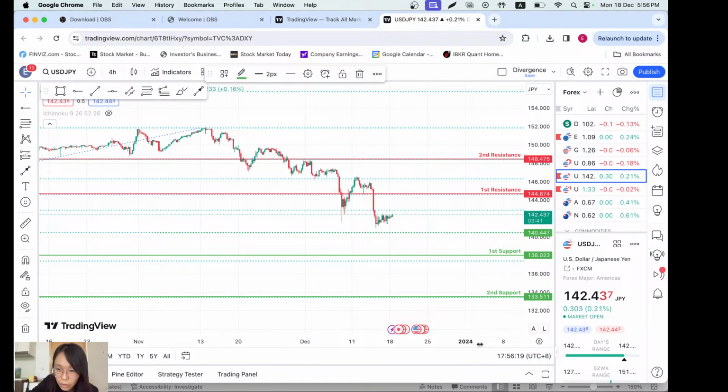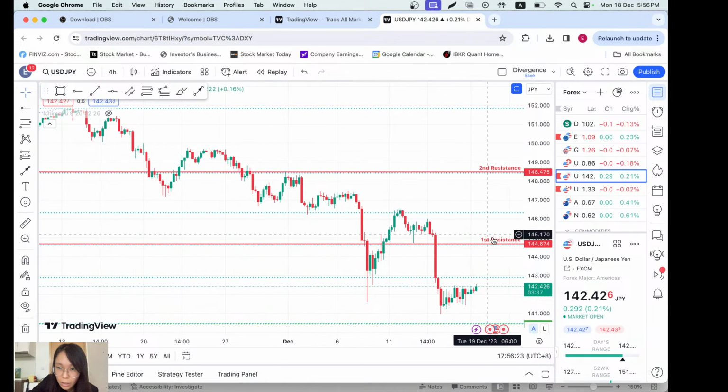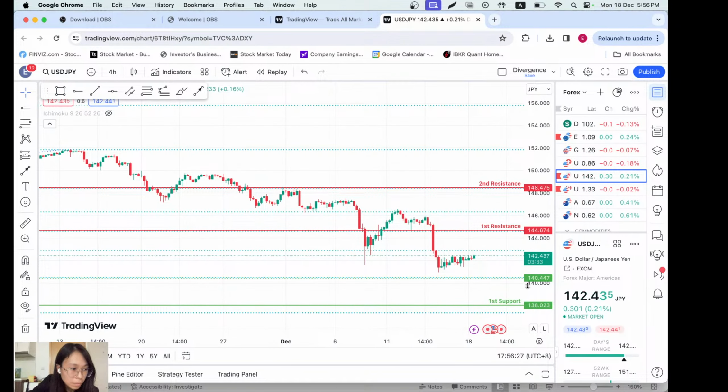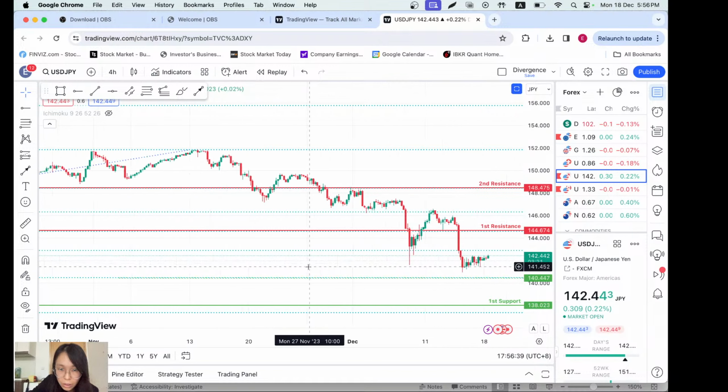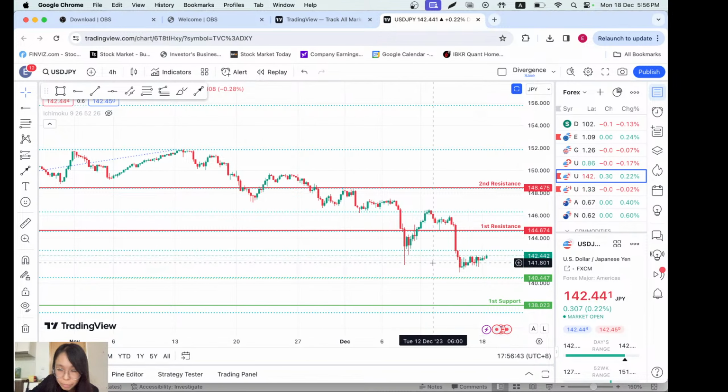Okay, let's see how the chart looks on the H4 time frame. It's on an uptrend. You can see the price is moving up towards our 61.8 Fibonacci line here.